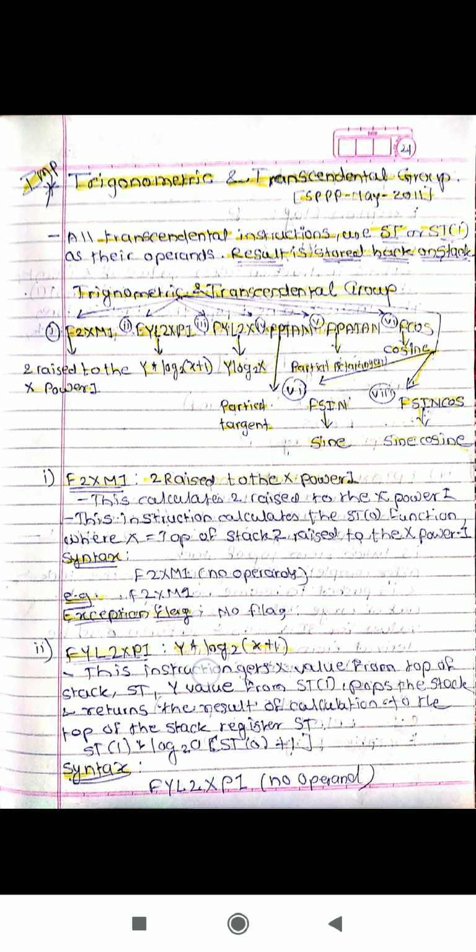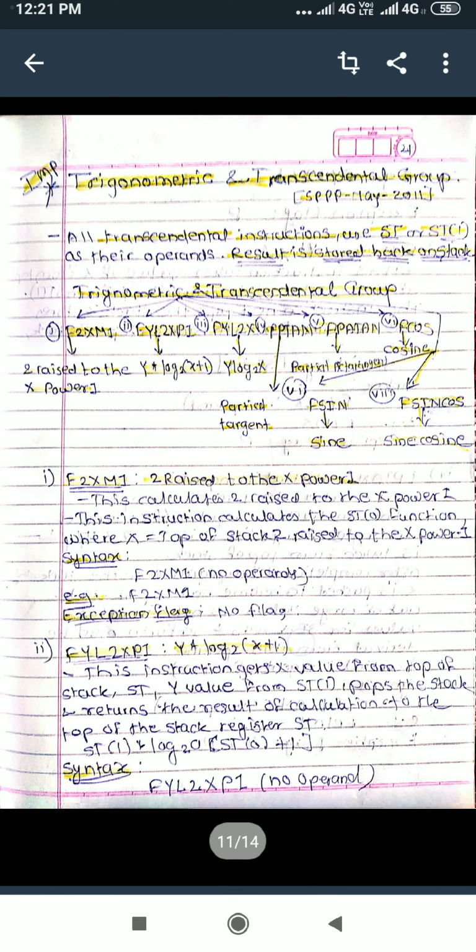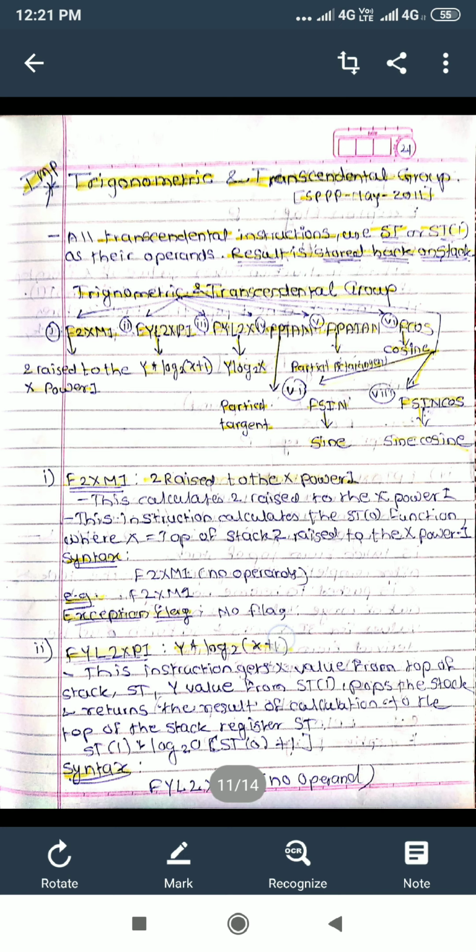Second type of instruction is fyl2xp1, that means y into log to the base 2 of x plus 1. This instruction gets the x value from the top of the stack, that means from the TOS, and the y value from ST(1), just below ST(0), and pops the stack and returns the result of calculation to the top of the stack register, that is ST. Now the syntax for this is shown here.